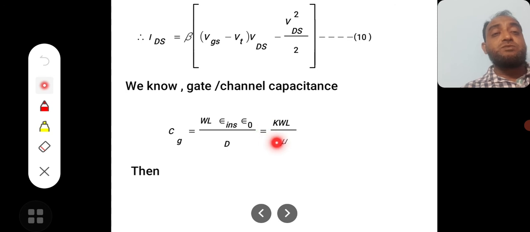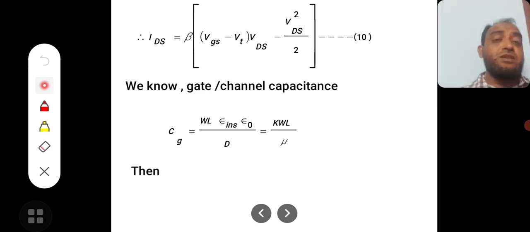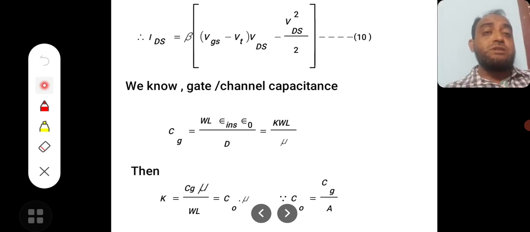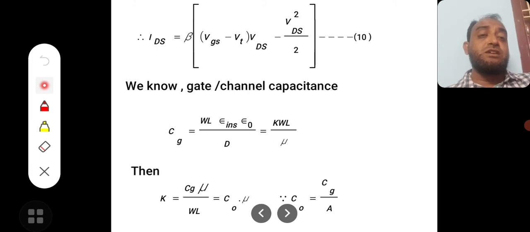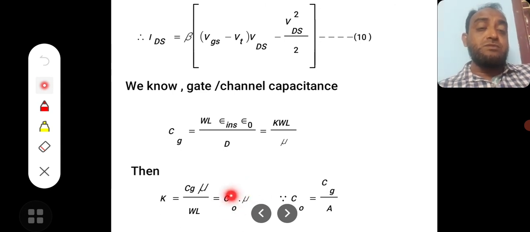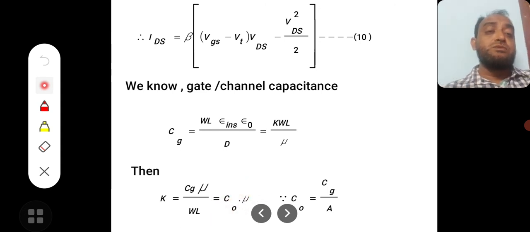We have divided by mu here, we wrote mu in the denominator. KW by L by mu is Cg. Rewrite the equation with Cg, where K is Cg mu by W by L, and that may be made equal to C naught into mu.